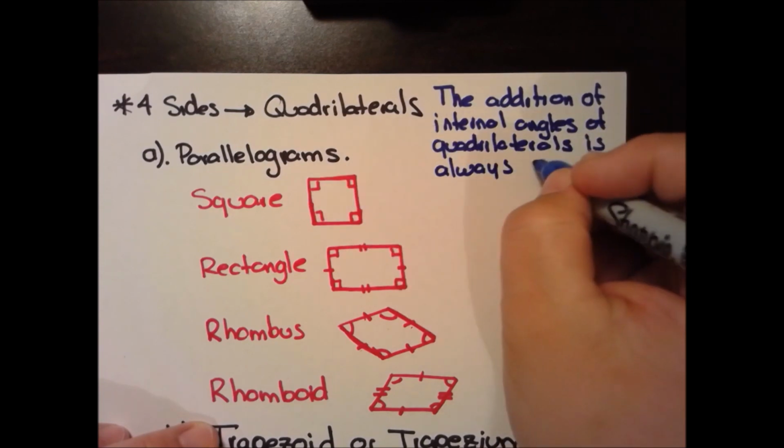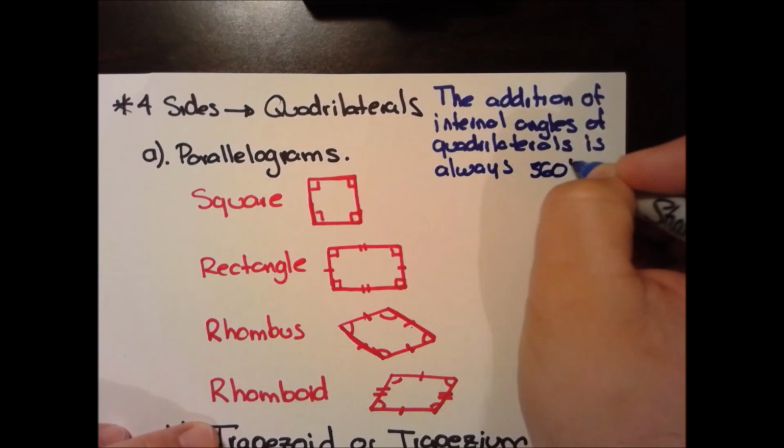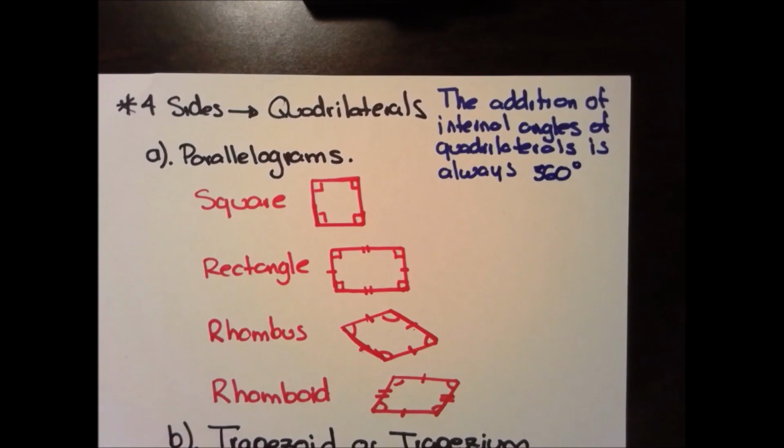It's always 360 degrees. Remember that with triangles it is 180. In that case, it's going to be 360 degrees.